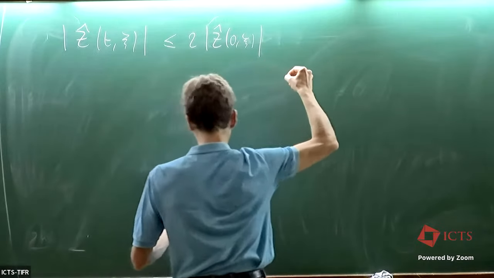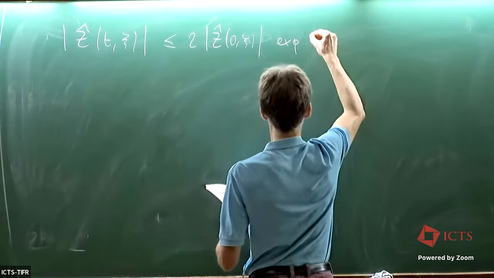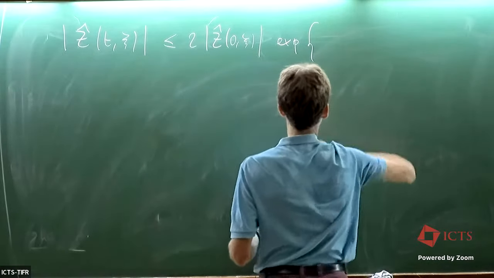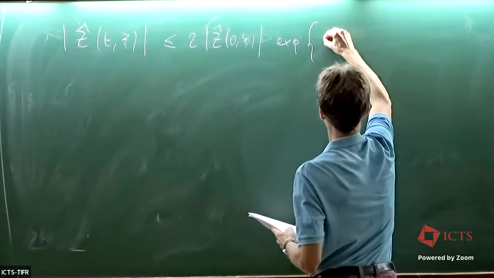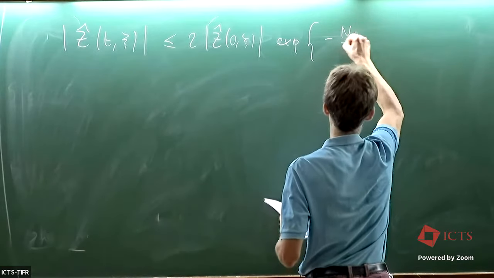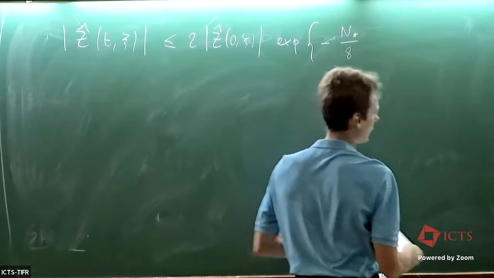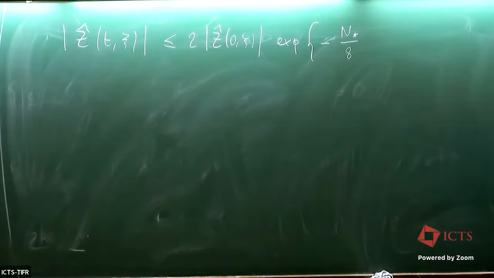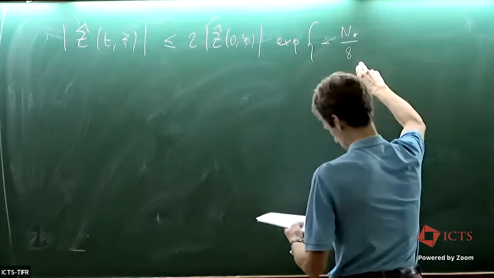And what is interesting is that you get inside the exponential term some constant. So you have to divide by something, maybe by 8. It's due to the fact that you have several times to go between L and Y and so on. So you do something, but not too much.